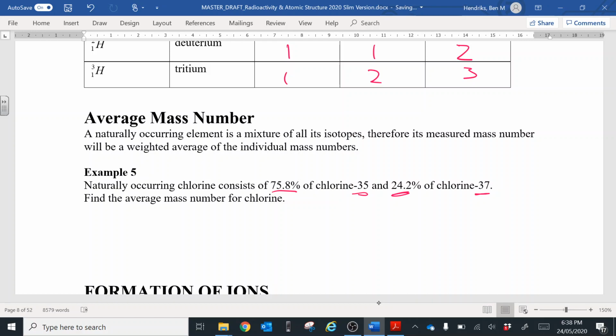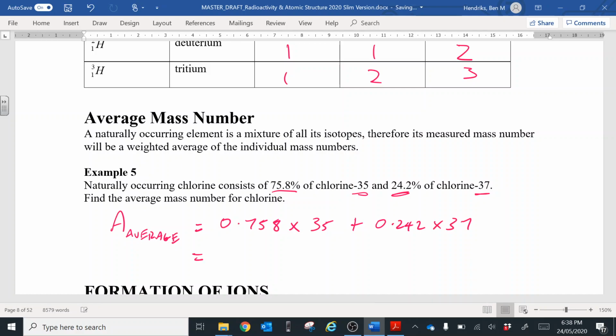So what we have to do is we say A average is going to be equal to 75.8%, if we change that to a decimal, times the mass number of 35, and we add on 0.242, so 24.2% as a decimal, times 37.